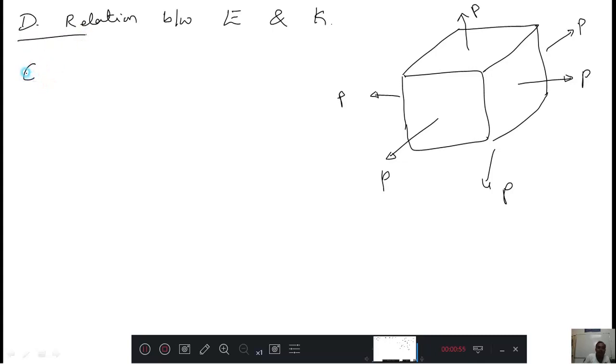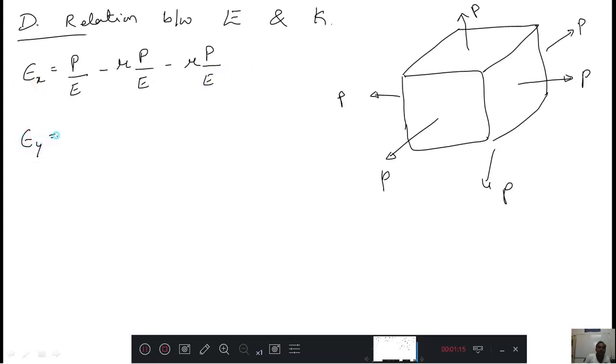Strain in the x direction will be pressure in x direction divided by Young's modulus, minus mu times pressure in y direction divided by E, minus mu times pressure in z direction divided by E. This is strain in x direction.